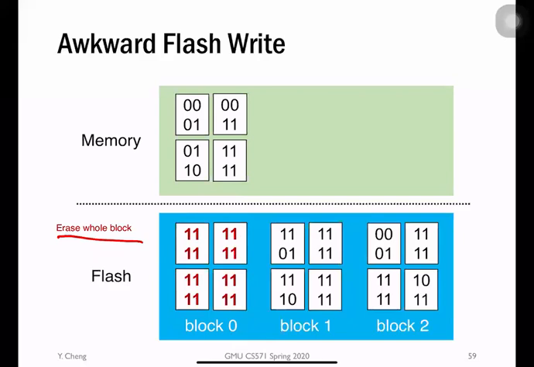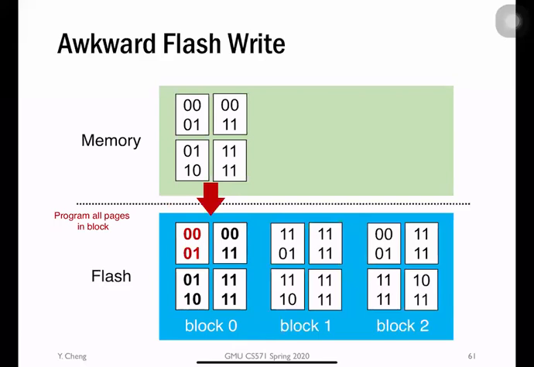Erase this whole block. And then the last step is to write this data by performing a large program operation. Write this whole data in memory into the flash device, called program. Okay, so this is the fourth step.